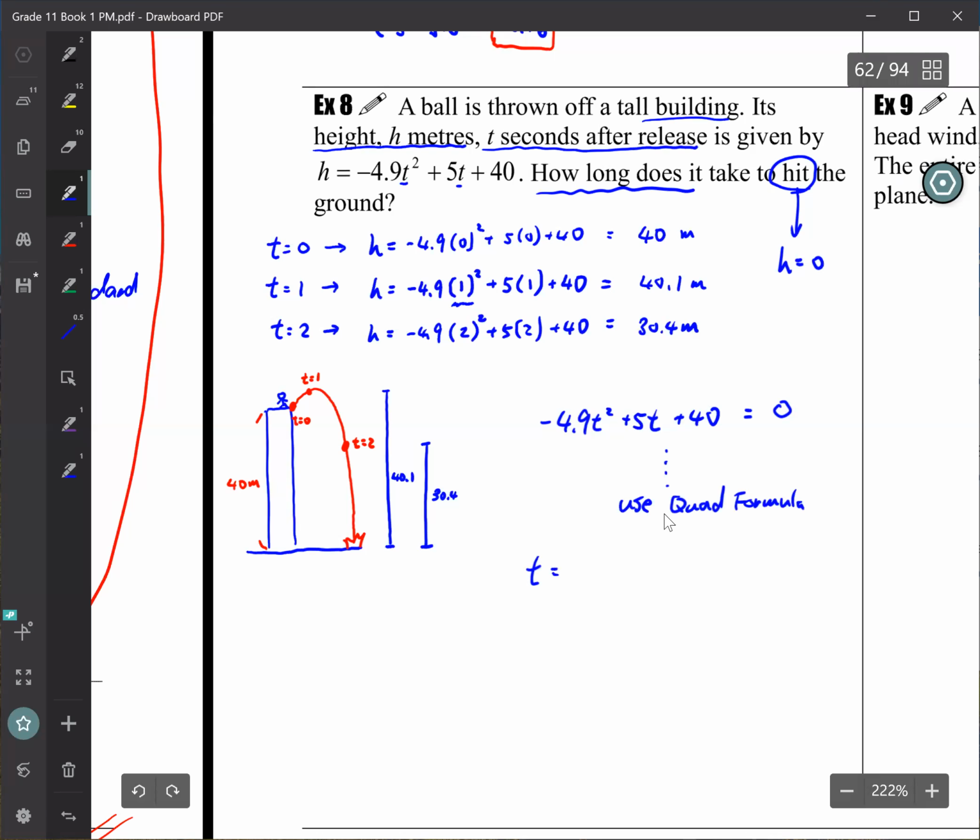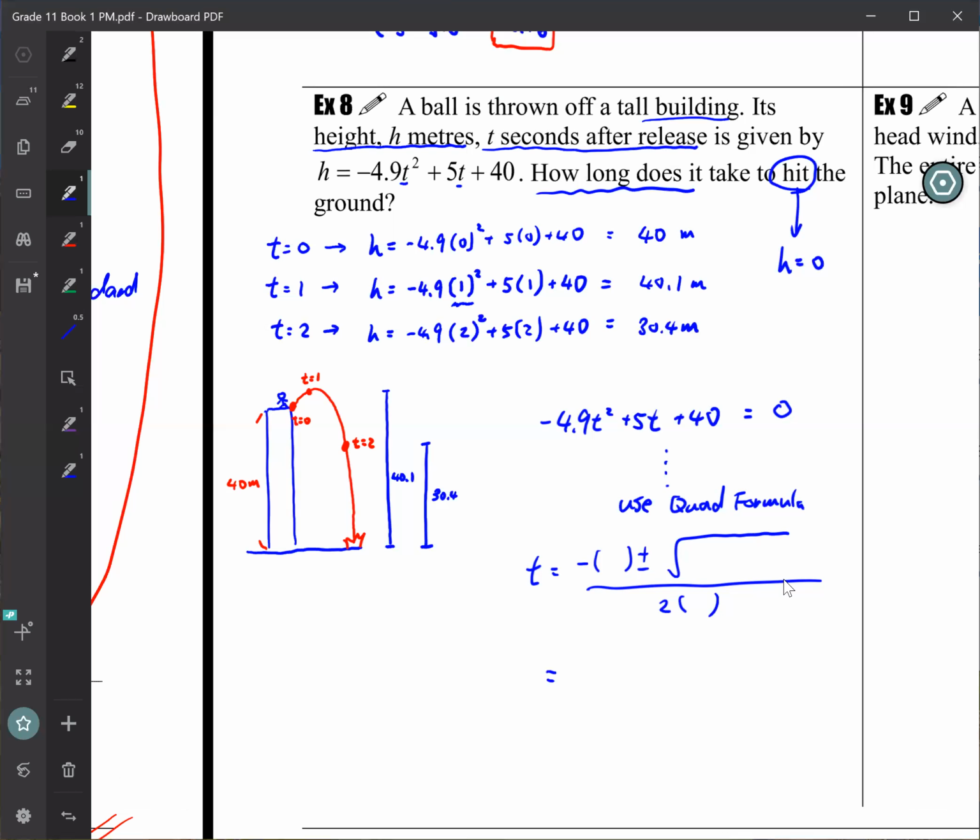So t equals to... I'll let you try by yourself, fill in all the blanks. If you found the answer, you should get 2 answers. Once you get the 2 answers, leave them in decimal numbers and round to the nearest 10th. Raise your hand when you have the answers.